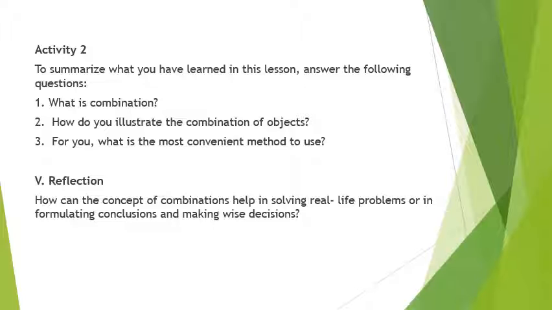Number 5, reflection. How can the concept of combination help in solving real life problems or in formulating conclusions and making wise decisions? That is the reflection on the topic that is being illustrated to the students.